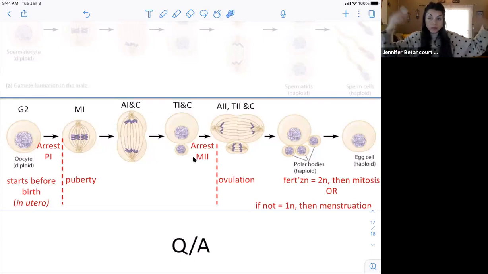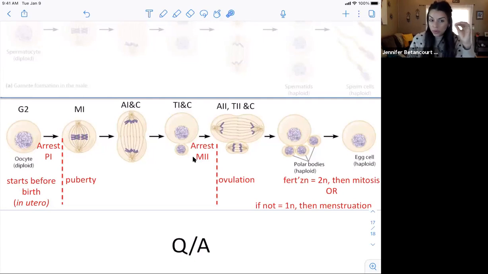The oogonia has undergone a bunch of mitosis to make oocytes. Oocytes start meiosis in utero, when the female embryo is developing in the mother, a long time ago. For every female, years ago.